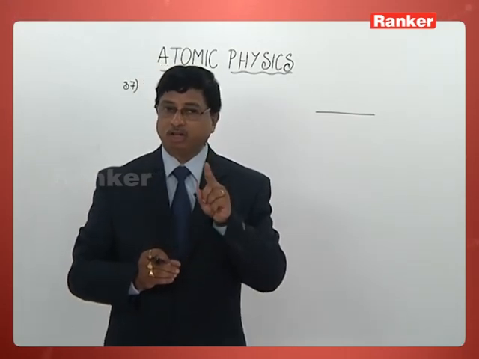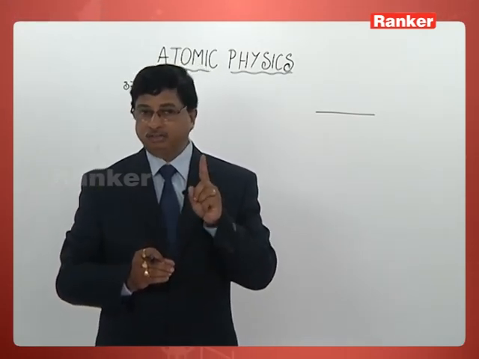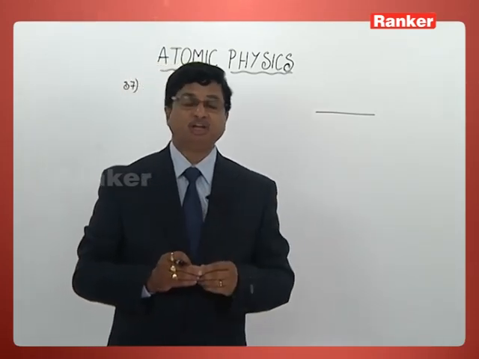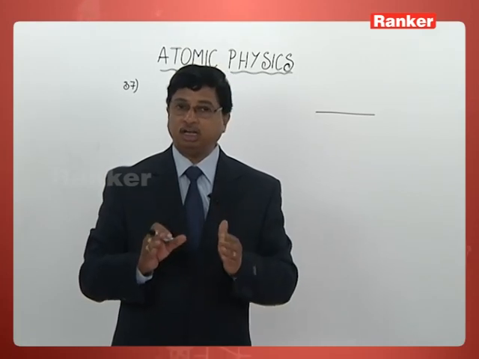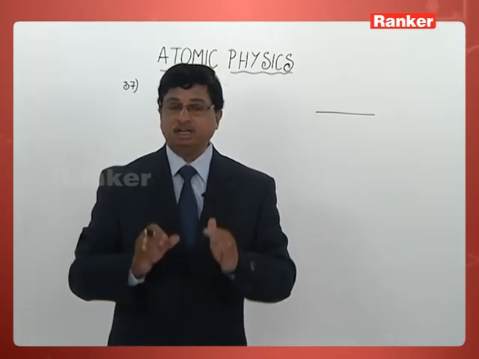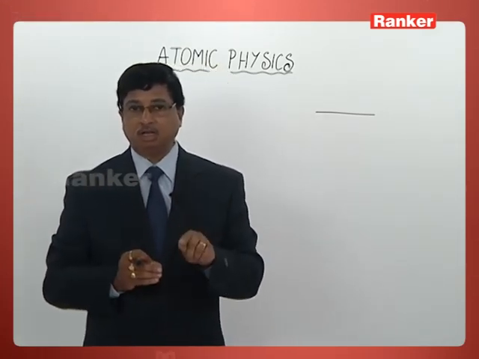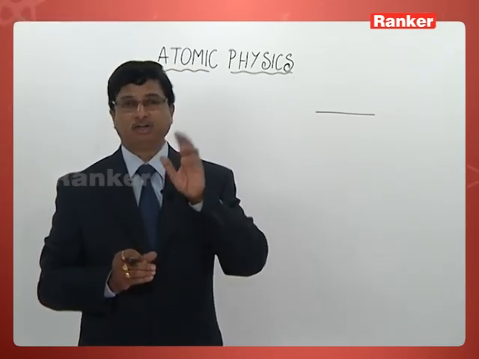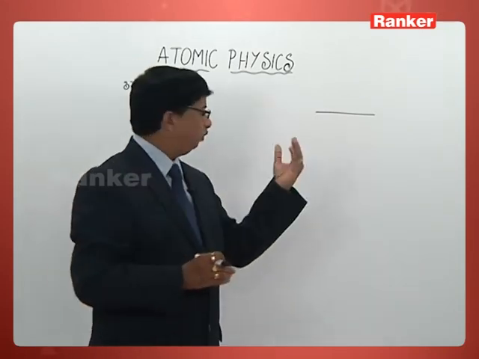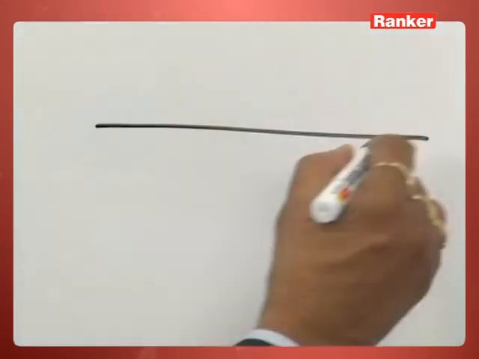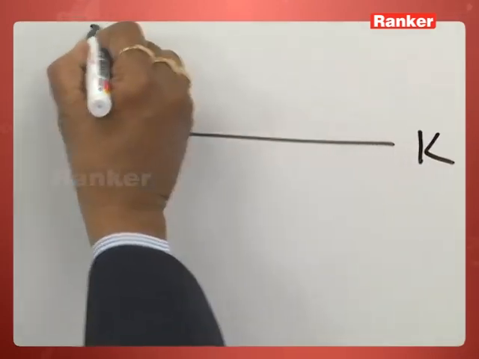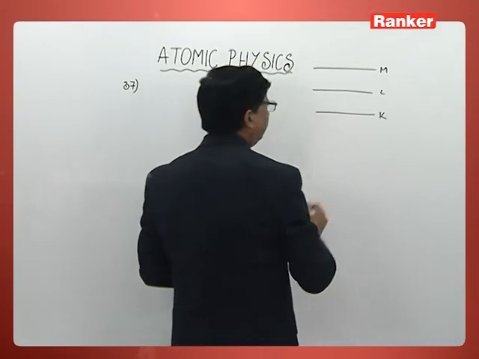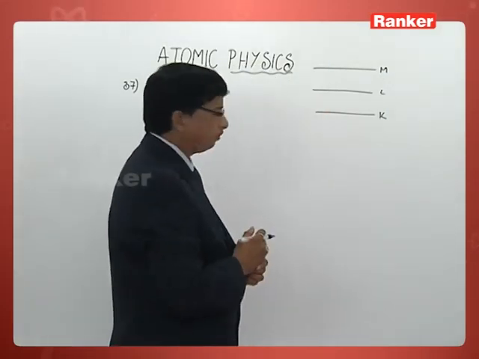Now K alpha line, K series, L series, whatever different series we are going to get there, they all directly depend on the nature of the material which is used as a target in an X-ray tube. So once again, if you recollect, K shell, L shell, M shell, and like that of course 3, 4.